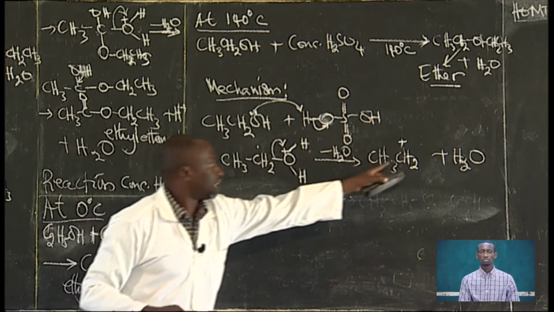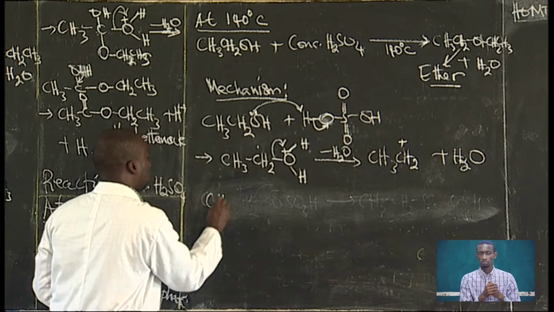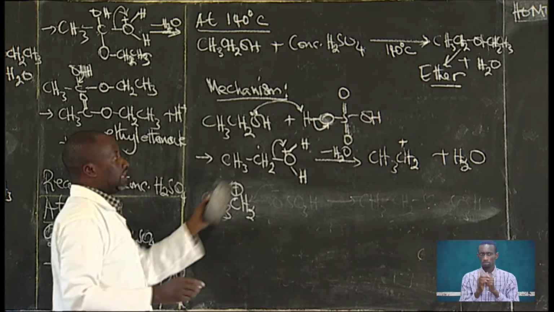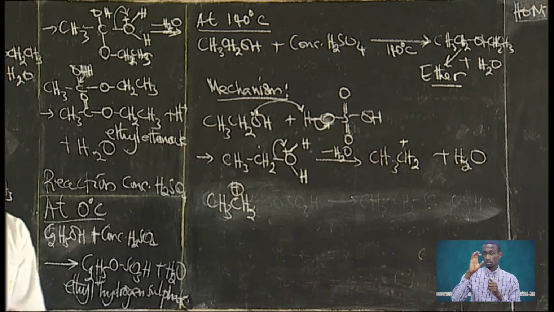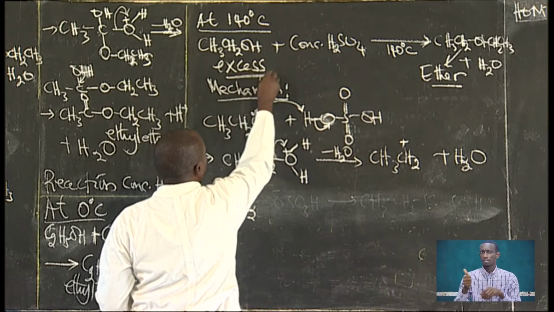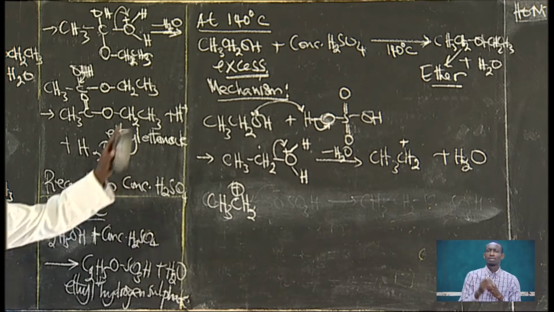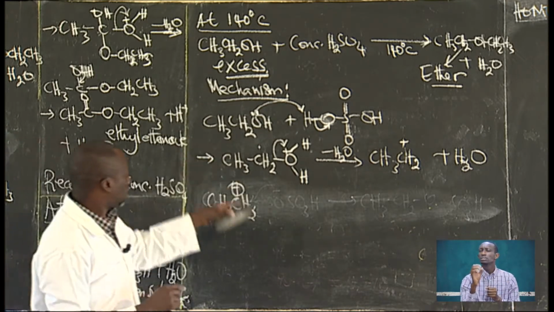On this product, the primary carbocation that has been formed, this is a correction that we have to make, is attacked by another alcohol. So in this reaction, the alcohol must be in excess. This is something I had forgotten, that this is another condition. At 140, the alcohol must be in excess. So this is what happens.